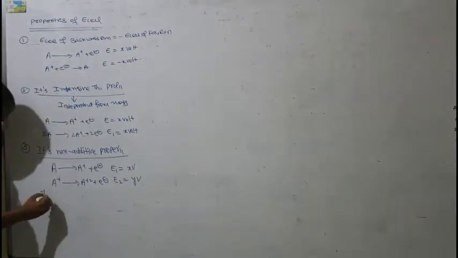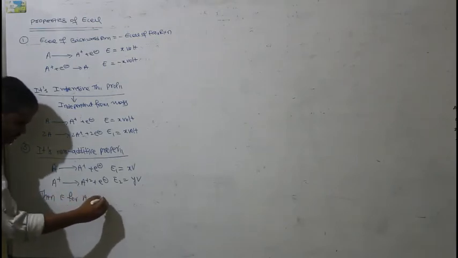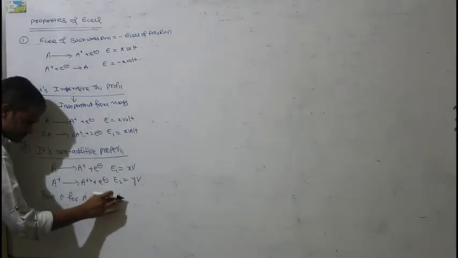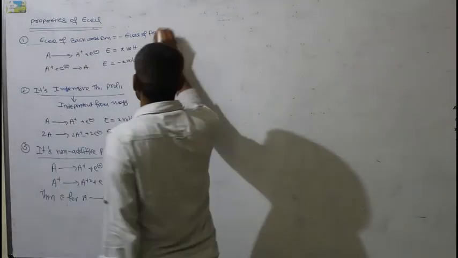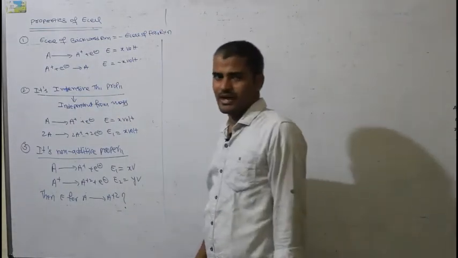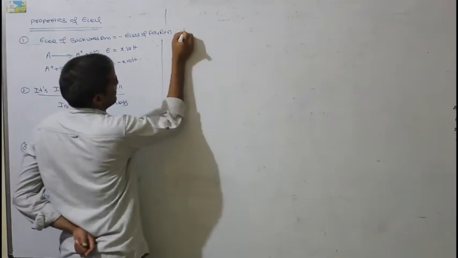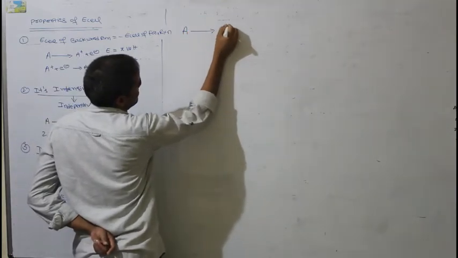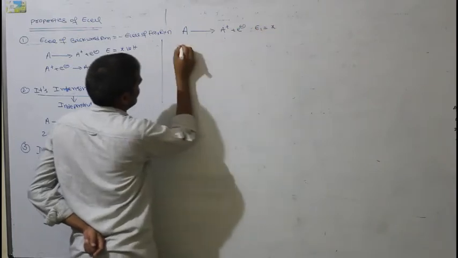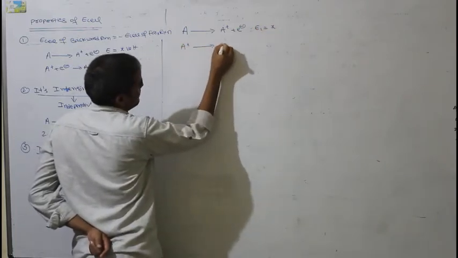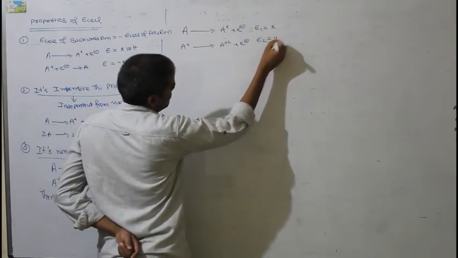Then E for A gives A plus 2 is a question mark. Generally we will add it, as in del G where we just added. A gives A plus by loss of an electron, E1 is x, A plus gives A plus 2 by loss of an electron, E2 is y volt.